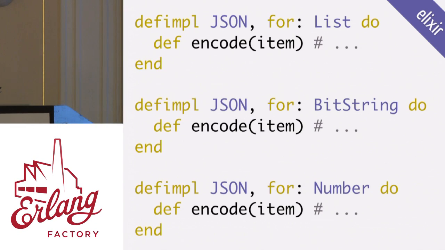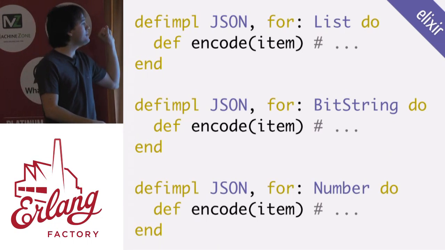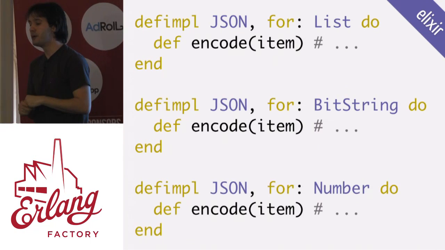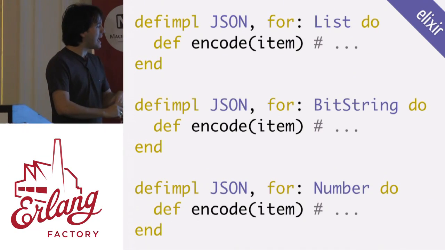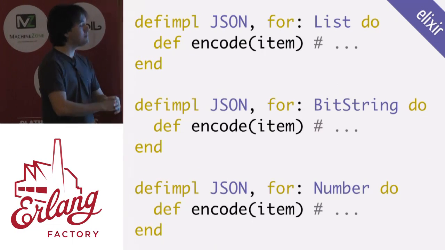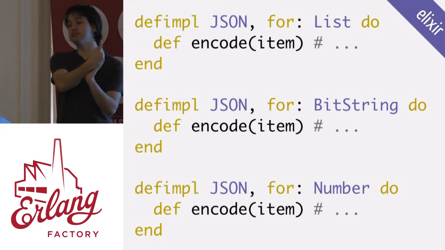They would say, the implementation of the JSON protocol for lists is going to be this. The implementation for bit strings is going to be this other thing. And that's it. Then if someone else in the future has their own data type, like Robert or Joe, they just say, the implementation of JSON for my own data type is going to be this other thing.